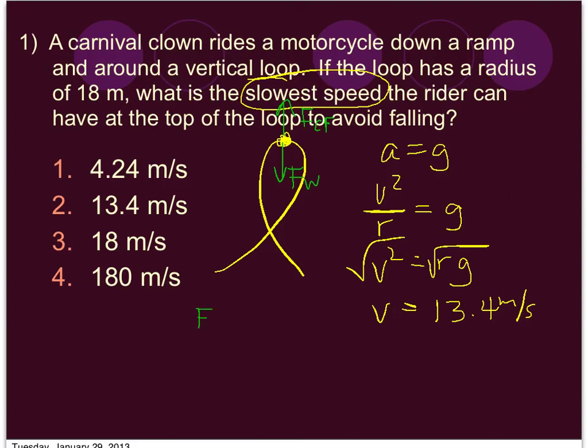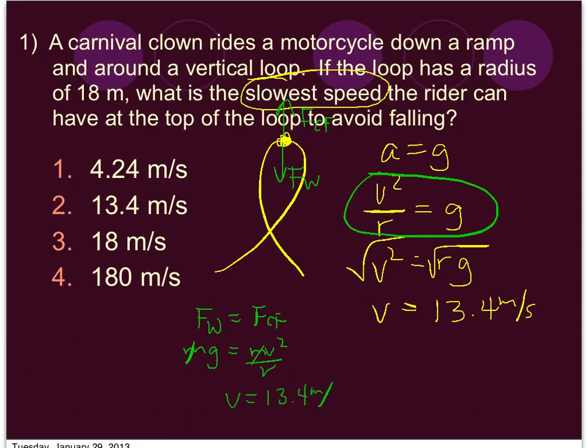And so once again, you could set Fw equal to the centrifugal force, substitute in our known equations, and you're going to end up with, again, the exact same thing that you did in the first part of our solution. So either way, you can plug and chug, and you're going to end up with this velocity of 13.4 meters per second.